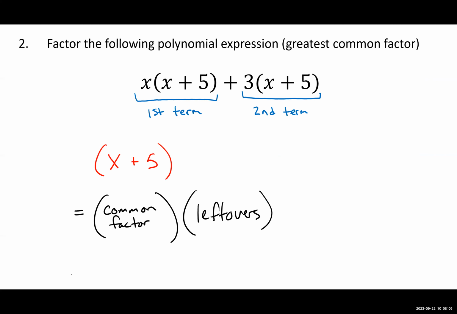The common factor in this case is x plus 5. So we're taking the x plus 5 from the first term, and the leftover there is an x.